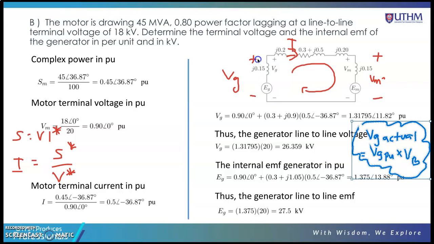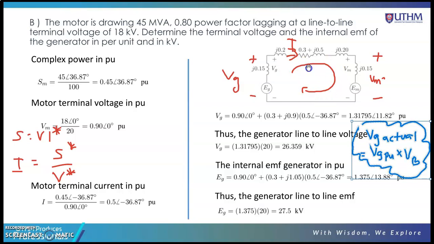Now you have Vg, then you can determine Eg based on Kirchhoff voltage law. So Eg equal to Vg plus I times Zg. We have two approaches: you can determine it based on Vg, or you can solve for Eg from the loop.